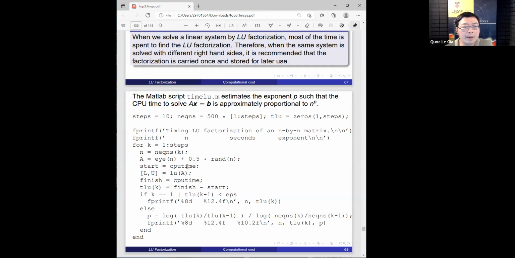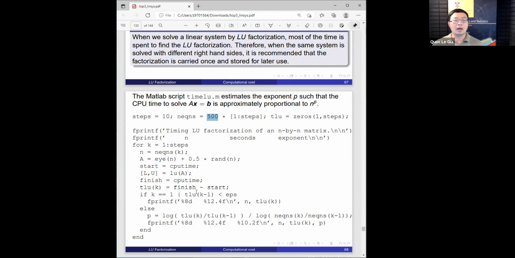But what happened here is the size of the matrix is changing. n is changing, and n comes from this. So n is actually 500 multiplied by 1 to 10. So you can see that n is 500, and then 1,000 and 1,500, then 2,000 and so on.